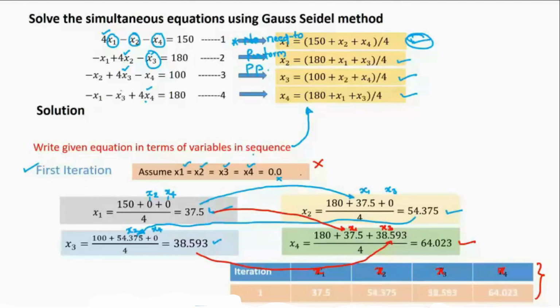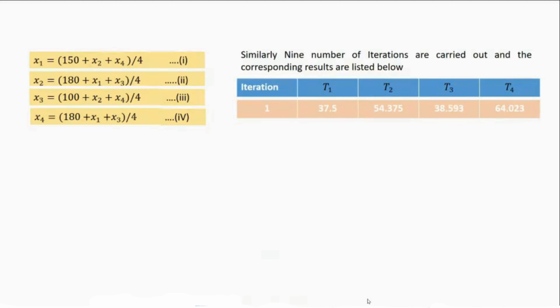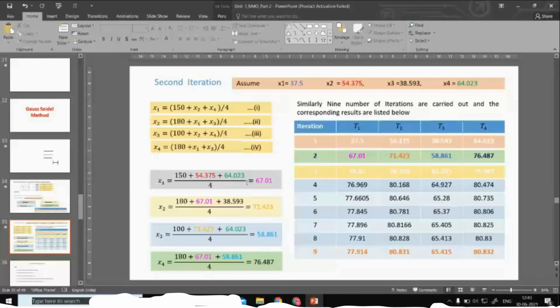For performing iteration 2, use the values which are obtained in the first iteration. So I will compute one more iteration. I will demonstrate this with the help of an example.